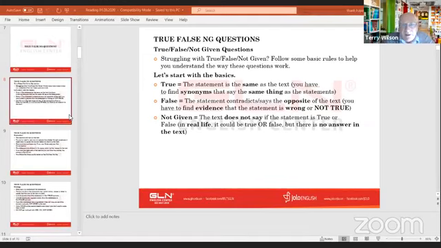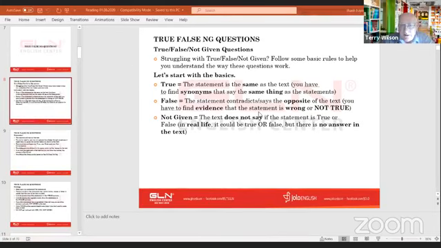True means the statement is true as the text. You have to find synonyms that say the same thing as the statements. False, the statement contradicts or says the opposite of the text. In these examples, you have to find evidence that the statement is wrong or not true.